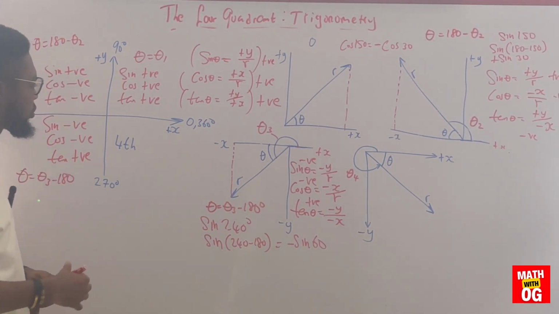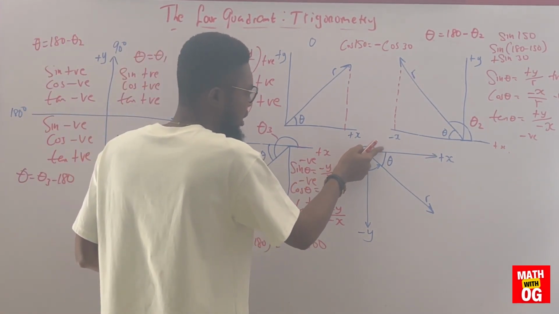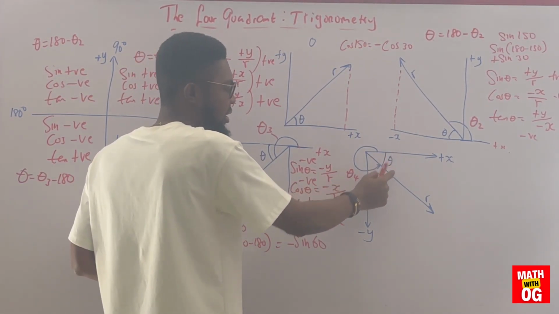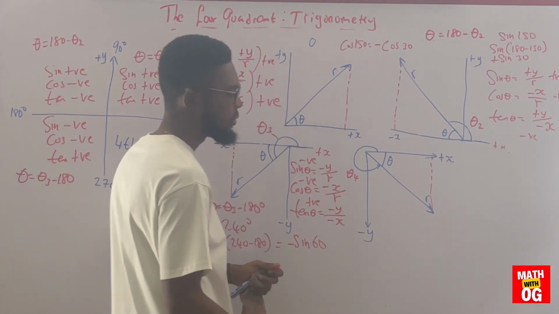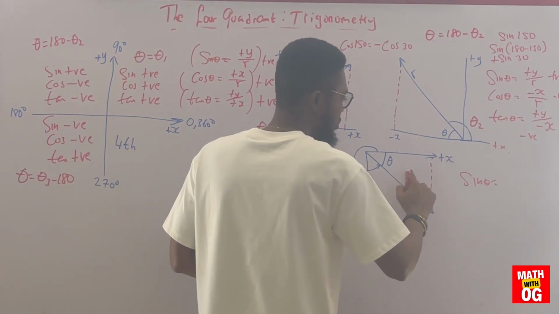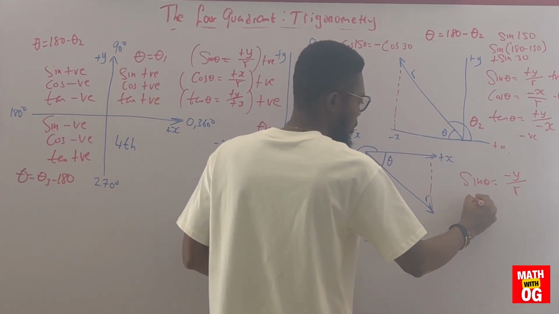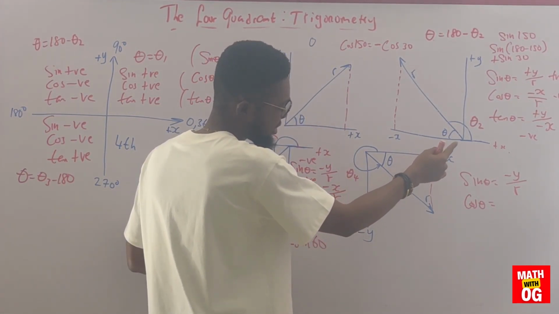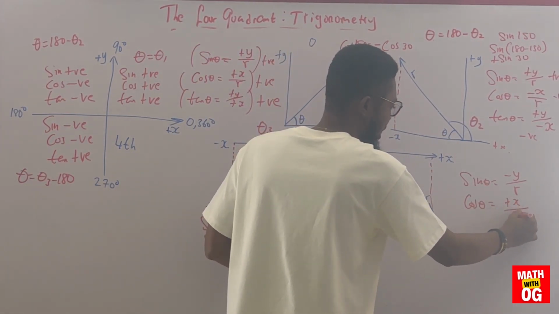Then lastly, the fourth quadrant, that is this quadrant. My theta started from here down to this point as my theta 4. Then here is our theta, in which we used to check if sine, cos, or tan are positive or negative. Starting with sine, sine theta is equal to negative y over r. Cos theta is adjacent, where do I have my adjacent? Positive x over r.